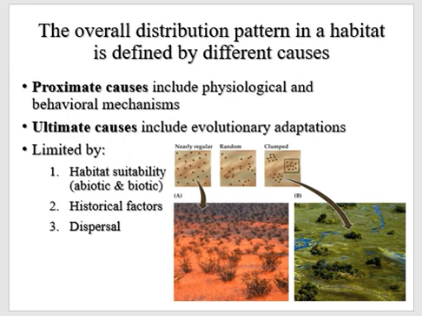By dispersing in ways that minimize inbreeding, you can increase the fitness of a population by increasing genetic diversity. So those are just kind of differentiating between the different mechanisms that serve to basically define the types of distribution patterns that populations will exhibit in different areas.